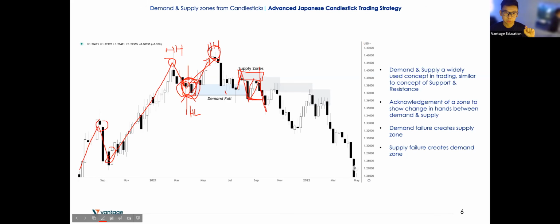This was the higher high formed based on this move upwards, but as it comes down, this becomes a lower low. Why is this a lower low? Because compared to the previous low that we identified, it has fallen below this price level, and when it retraces back, this forms a lower high.